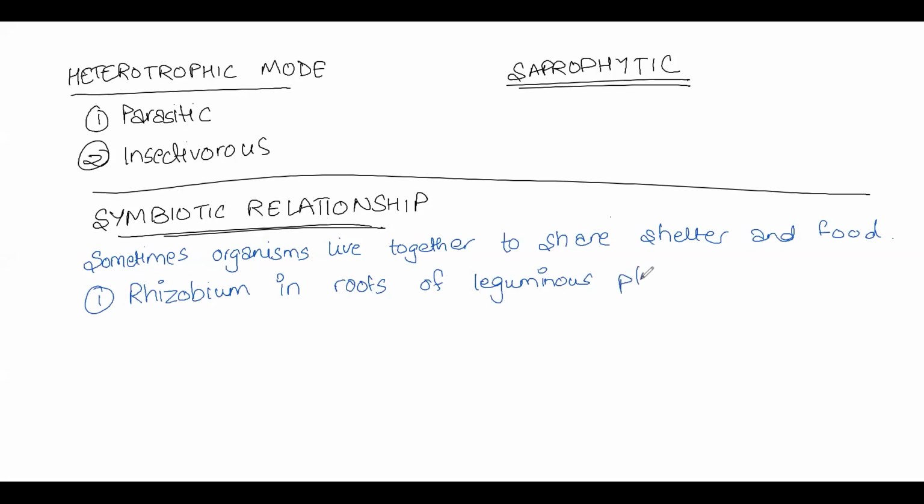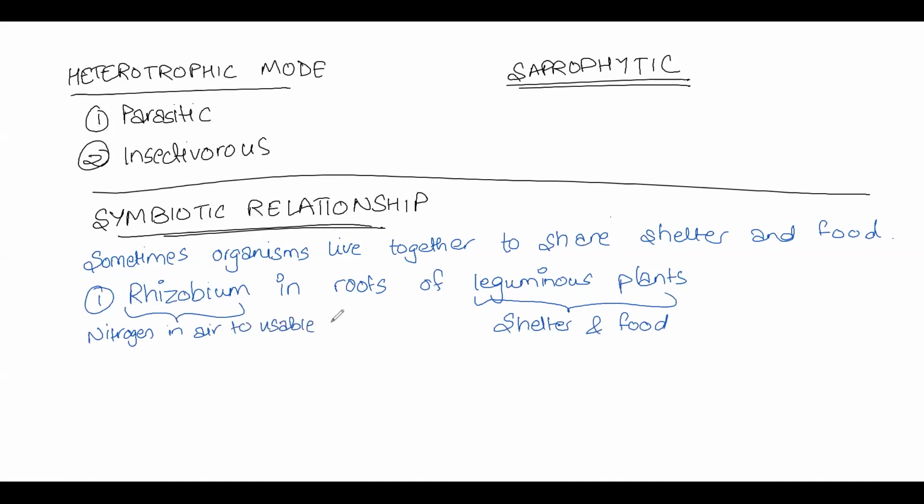The leguminous plants provide shelter and food, whereas the rhizobium converts nitrogen in air to usable form. Okay, so they both are helping each other.